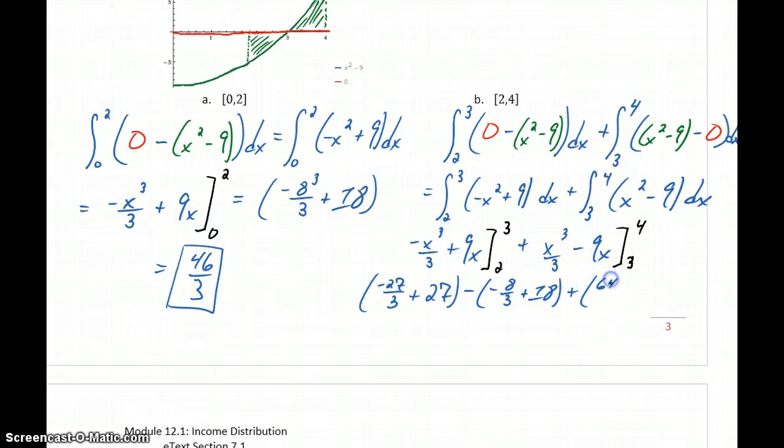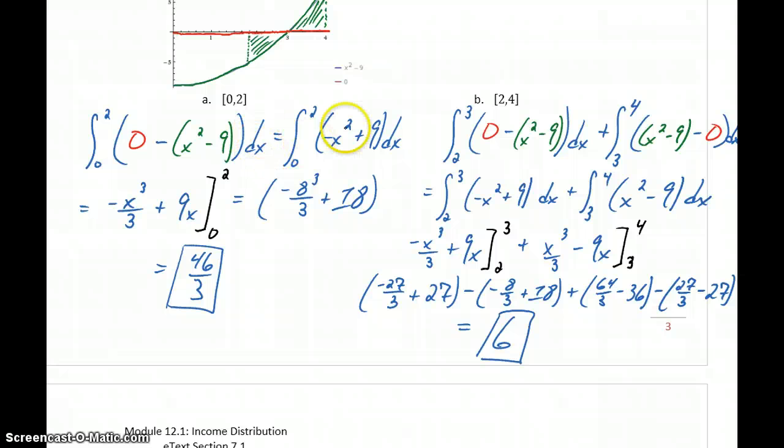So that'll be 64 thirds minus 36 minus that expression evaluated at 3. So we end up with this kind of long chain to evaluate, but then again, at this point, that's just a calculator operation to plug all of that in to get to a final result of 6.